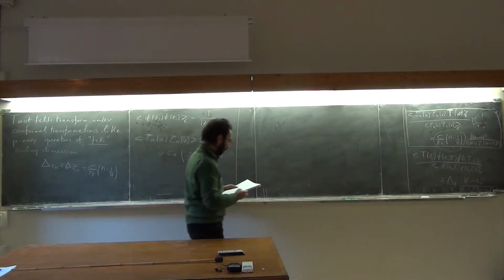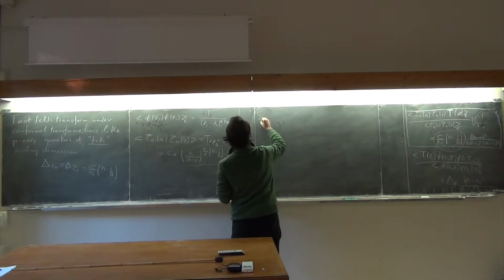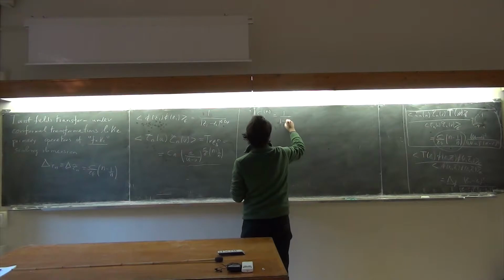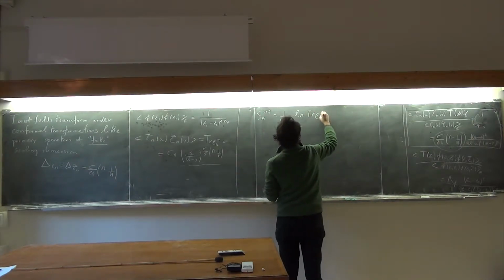So I can write down what I was calling the Rényi entropy of order n as 1 over 1 minus n log of trace of rho A to the n.